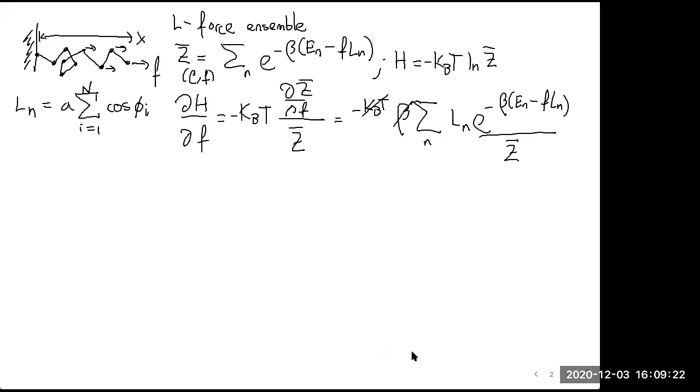Now this is the canonical distribution. This is P of n.